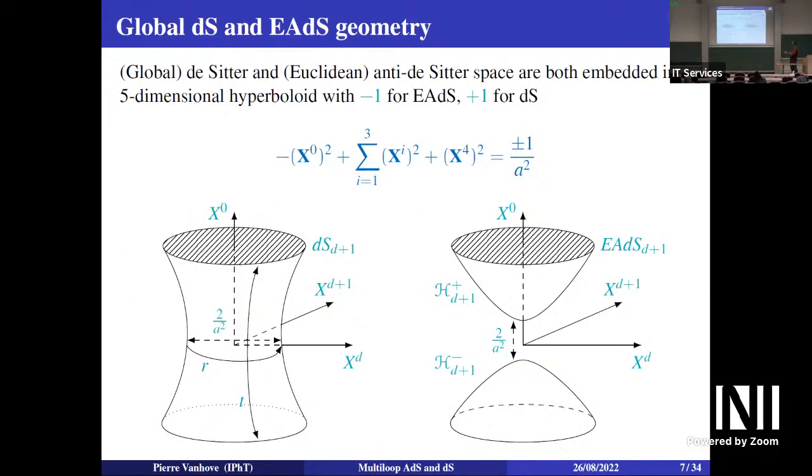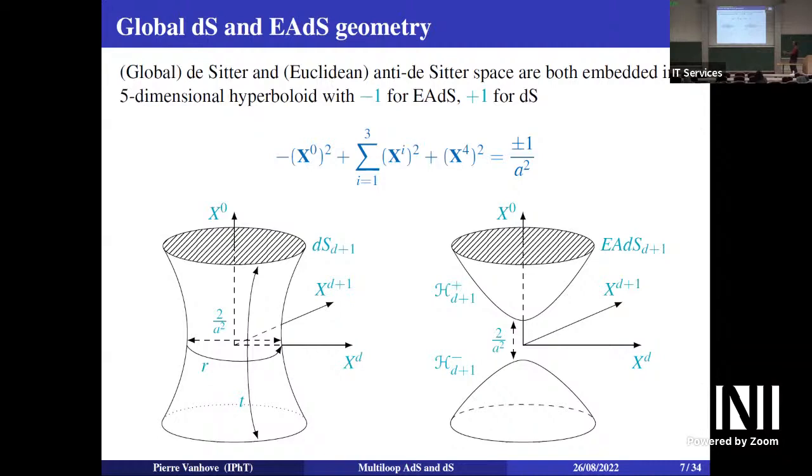But then if you change the sign, then you go from this one-sheeted geometry to the two-sheeted one, which is actually the Euclidean AdS space, where the boundary has dimension d, like it will be dimension 3, and there is here something that will correspond to the upper half plane, upper Poincaré plane, and this is the lower Poincaré plane.